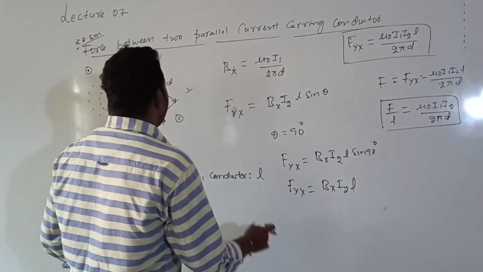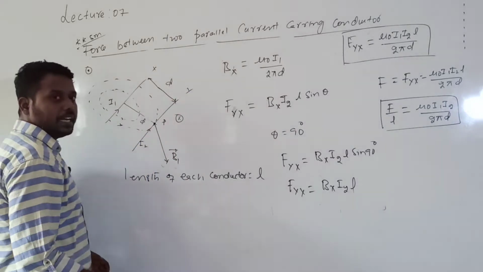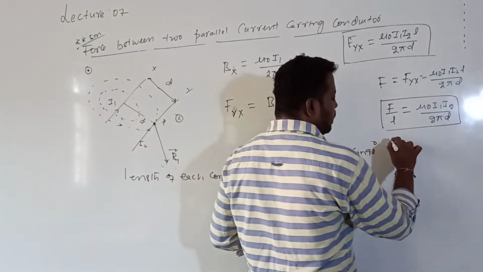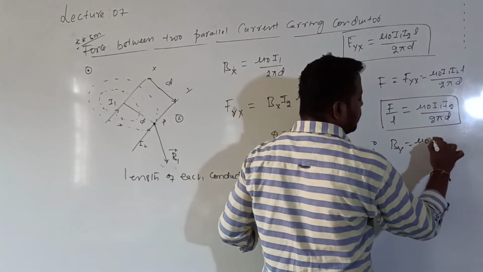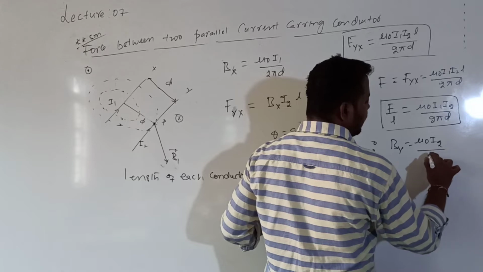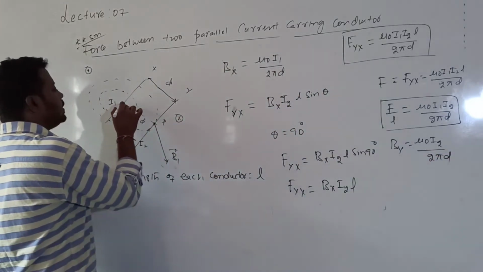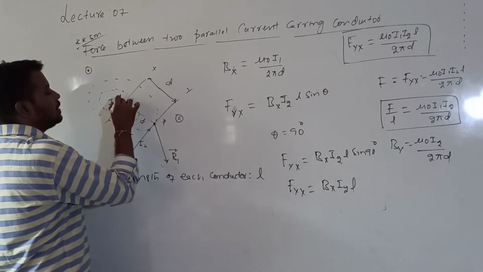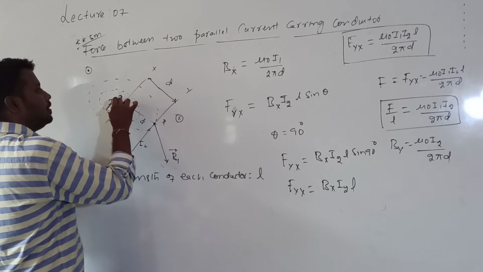Similarly, because Y also carries a current I2, Y also produces a magnetic field. The magnetic field produced by Y, can I call it By, which is mu naught into I2 divided by 2 into pi into d. If I consider the reference point on conductor X, I can call it P dash.